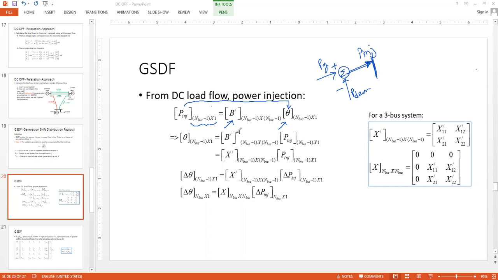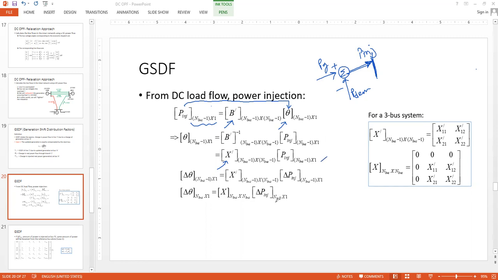Remember, B dash is nothing but the susceptance, the imaginary part of my admittance matrix. If I take the inverse of that, I should expect some form of reactance. So we name it capital X prime, and the dimension remains the same even after the inversion, with P injection of n bus minus 1.